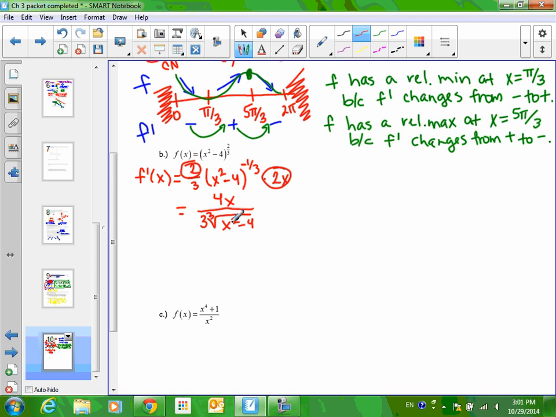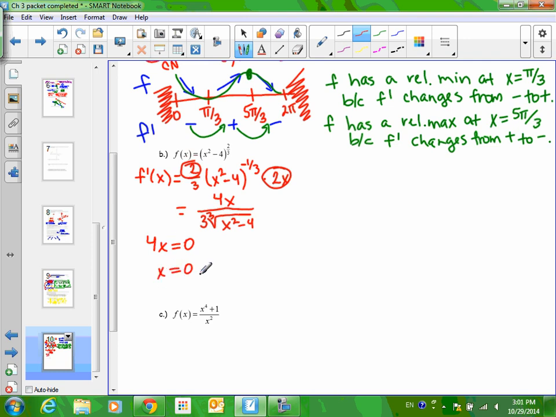If the whole thing is 0, what really only needs to be 0? The top, the numerator. Yeah, you're right. Because if 4x is 0, what's 0 divided by some random number? 0. So then x equals 0 is our critical number.